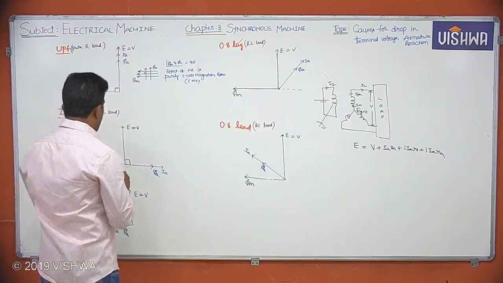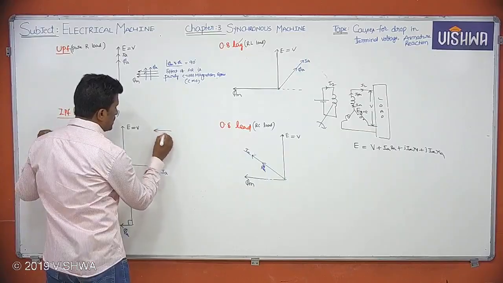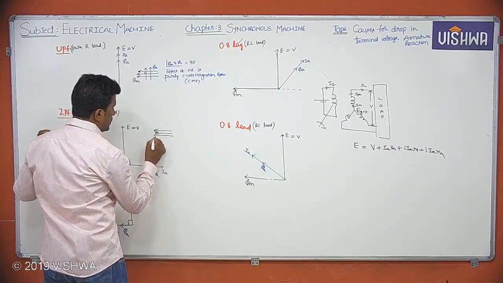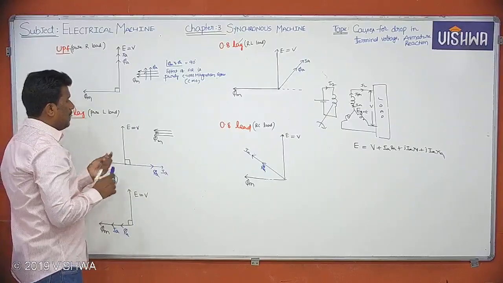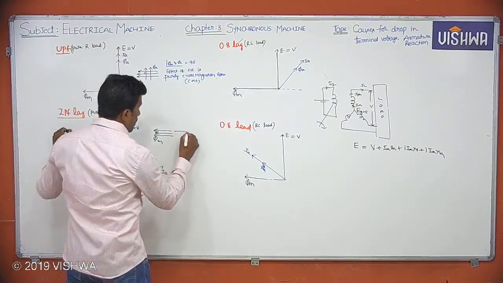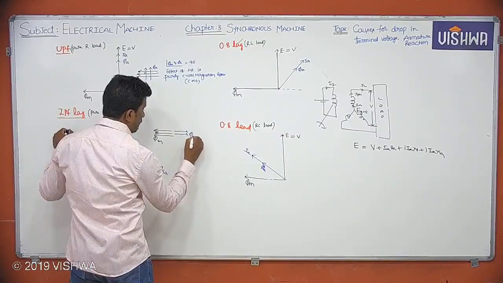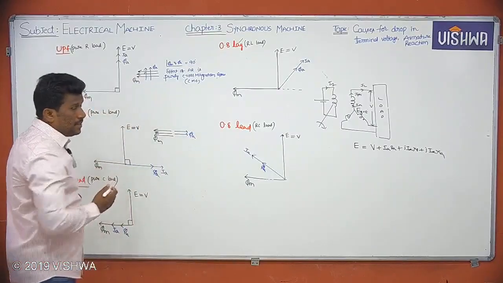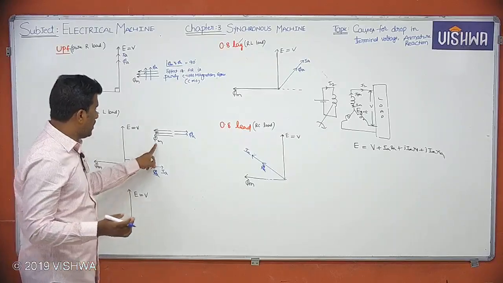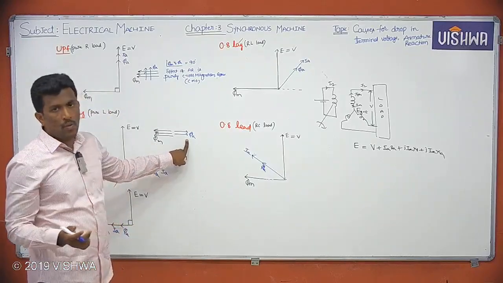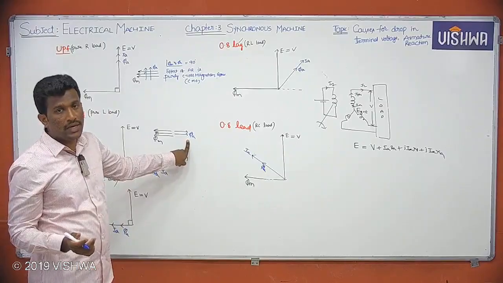Here phi M is like this. Please try to see this. And phi A is like this. That means what is the angle between your phi M and phi A here? I am asking, the angle between phi M and phi A. 180 degrees, right?